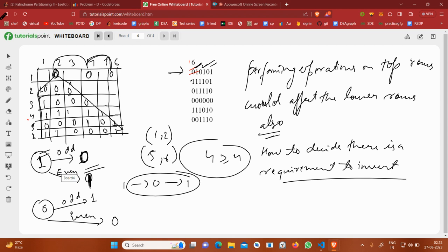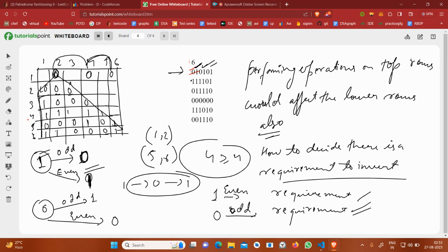So if there is 1 and I have till now performed an even number of inversions to that, obviously there is a requirement to invert it. Also, if it is 0 and till now I have performed an odd number of inversions, obviously there is a requirement. So now I guess you should be clear with the approach.